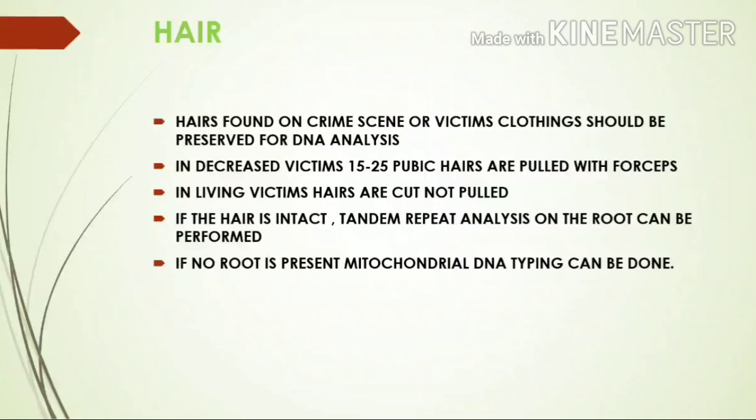In a case of a deceased victim, 15 to 20 pubic hairs are pulled with forceps and placed in a separate envelope, so the root characteristics are available for comparison in the future. In the living victim, 15 to 20 hairs are cut, not pulled.